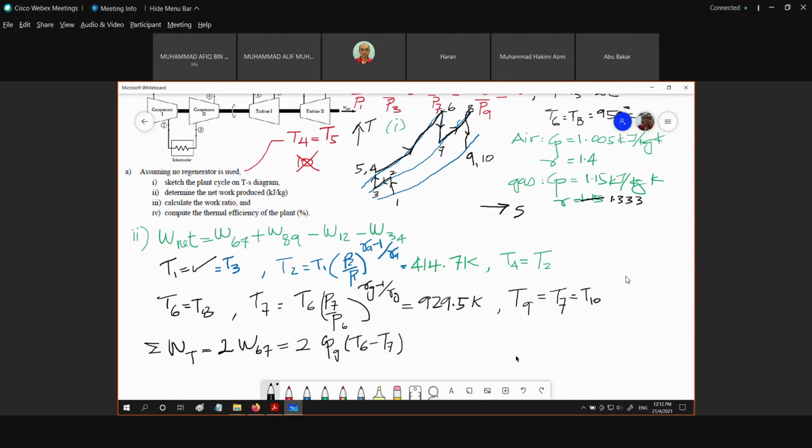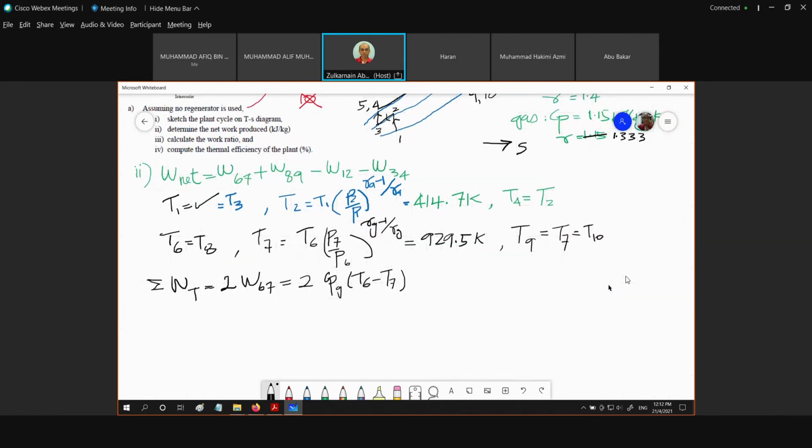So that is for the turbine. And then for the compressor, what is the total work for the compressor? So sigma W compressor again. The work is the same because all the temperatures are the same. So 2W12 is equal to 2 multiplied by CPA times T2 minus T1.